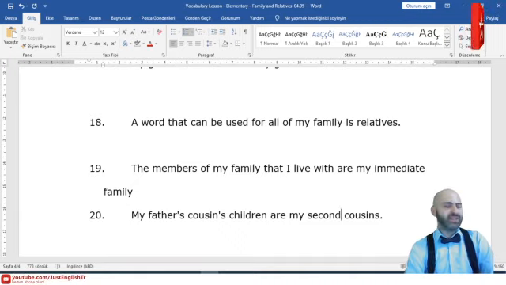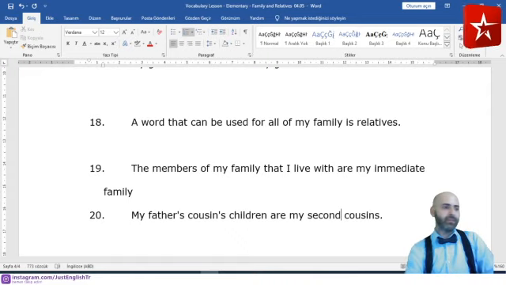So as I said, in some countries this is popular and you can use, but in some other countries it's not popular and we don't use this one, okay? In my country we just say cousins. It doesn't matter second, third, or this kind of relationship. We only say cousins. It's enough. It explains all of them. Okay.